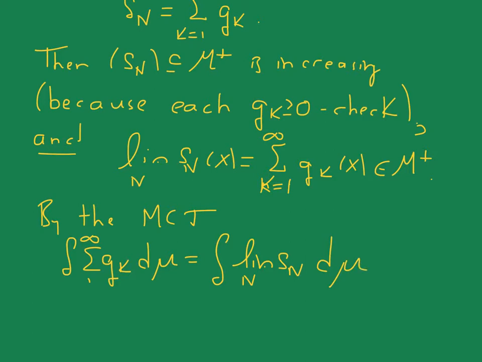Whenever we have an increasing sequence of non-negative measurable functions, the monotone convergence theorem says that the integral of the limit is equal to the limit of the sequence of integrals.